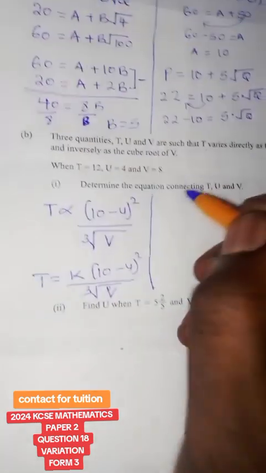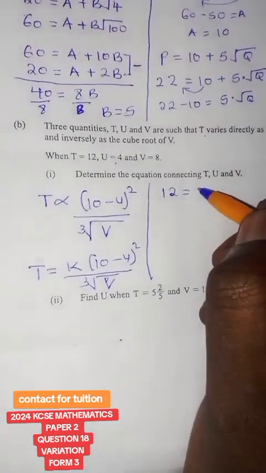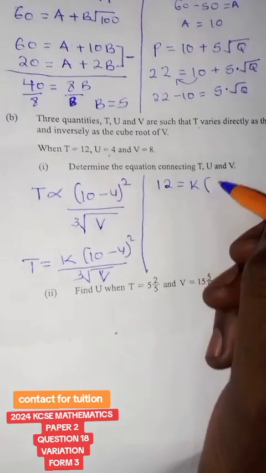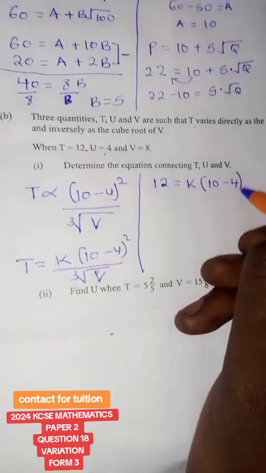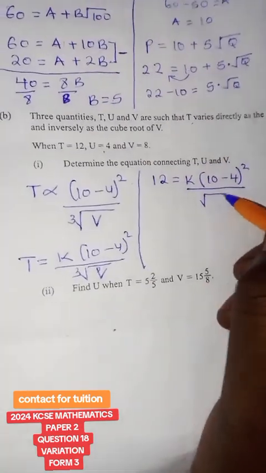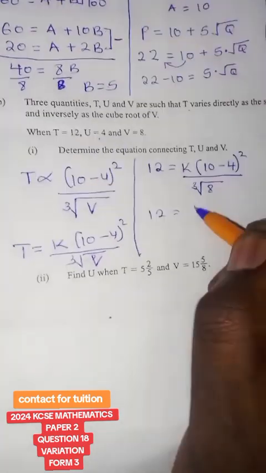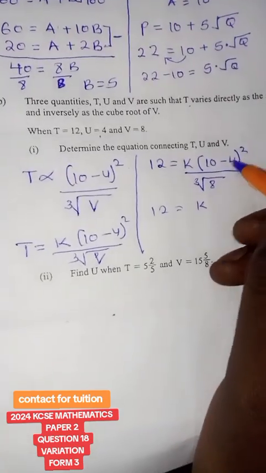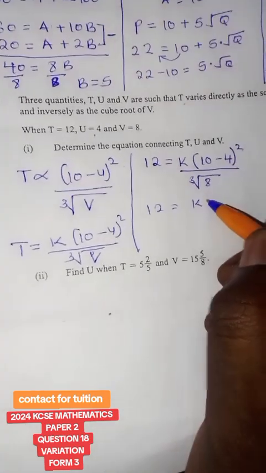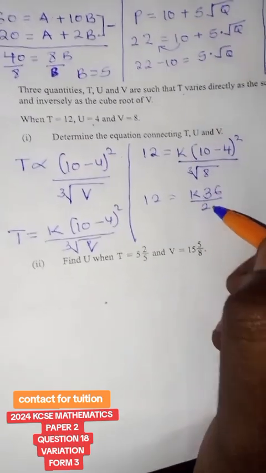So we have T is 12 when U is 4. So it will be K into 10 minus 4 squared over V is 8, so the cube root of 8. That is 12 is equal to K. Then here I will have 6 squared, that is 36, divided by the cube root of 8, which is 2.